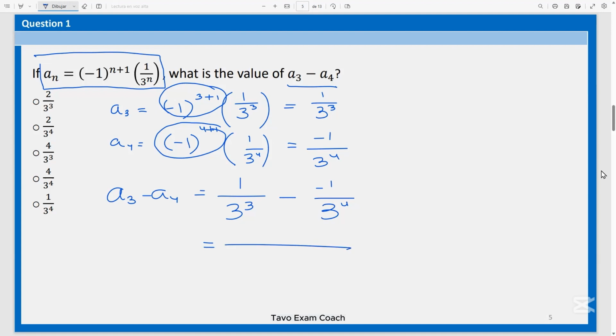Give a common denominator, 3 up to 4, divided by the first denominator, which is 3, which multiplies the numerator. Negative and negative, this is an algebraic sum. So you have 1 over 3 up to 4. The answer would be 4 divided by 3 up to 4. Option 4. Let's try another example.